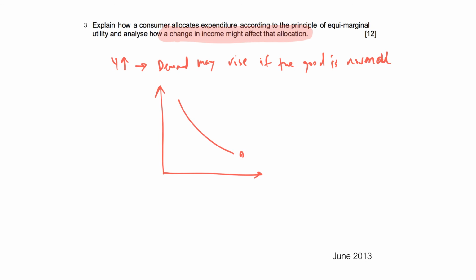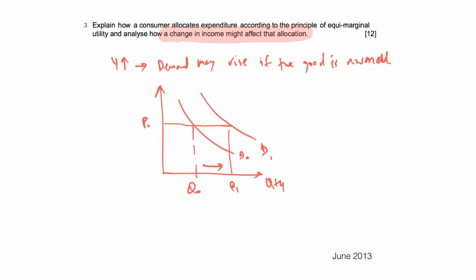We know that if income goes up, then the demand may rise, if the good is normal in nature, then the demand will shift outward. For the same price, we will say that the income has gone up, so you're buying more of that good.